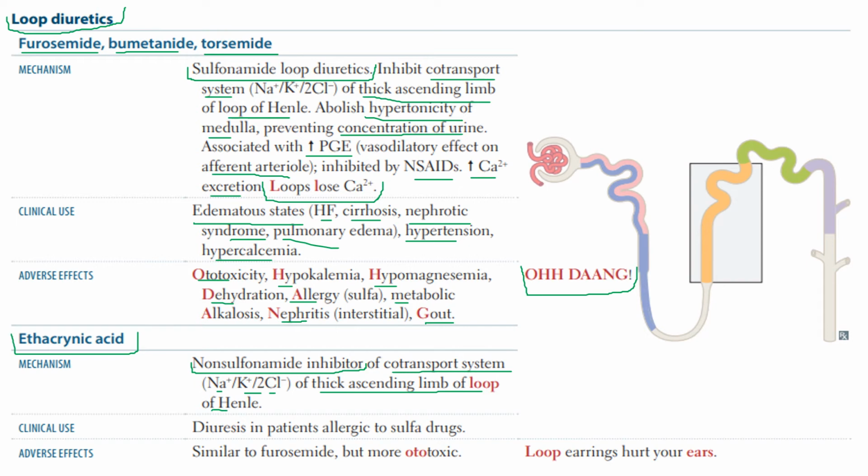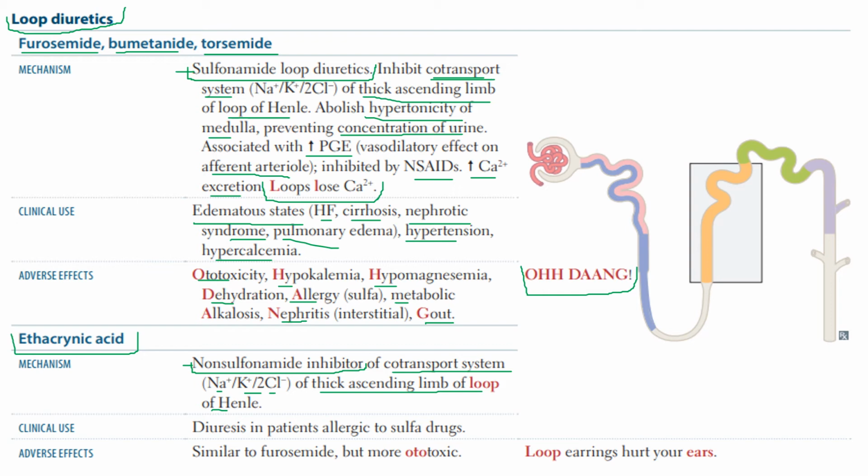See, loop diuretics include furosemide, bumetanide, and torsemide, which are sulfonamide loop diuretics. Ethacrynic acid is a non-sulfonamide inhibitor. Please do remember, both are cotransporter system inhibitors which act on the thick ascending loop of Henle.